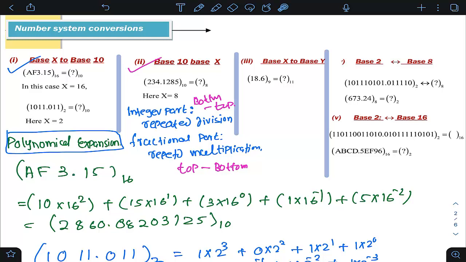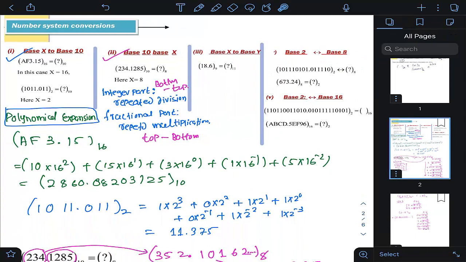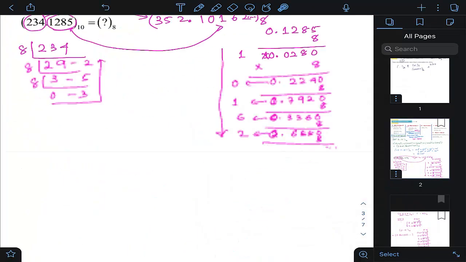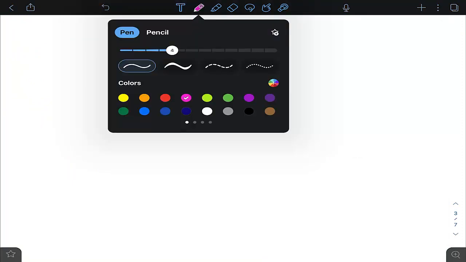So for example, here I have taken: how much is 18.6 in base 9 in base 11? The first step is to find how much is 18.6 in base 9 in base 10 format.